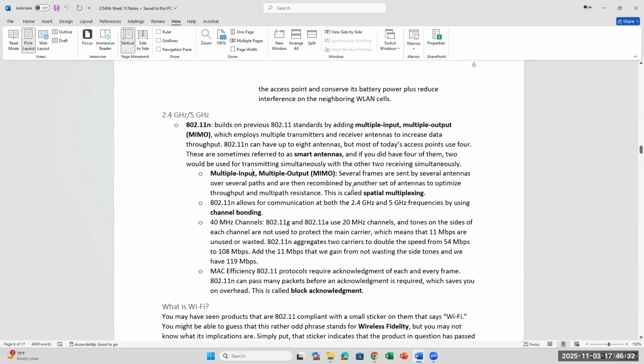It means multiple input and multiple output. So you're able to receive multiple frames through the antenna using multiple paths. Okay. This is a way that you can have spatial multiplexing, and it also does channel bonding for both bands.